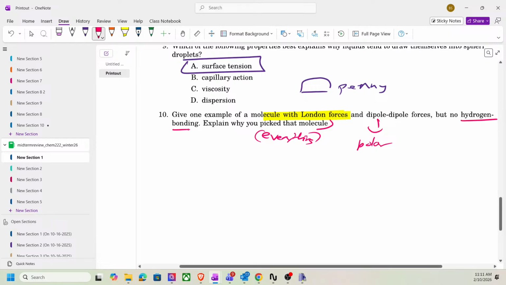So what did you guys pick? Any thoughts? So SO2 would be a good one. So that's polar. Sorry, what else did we say?